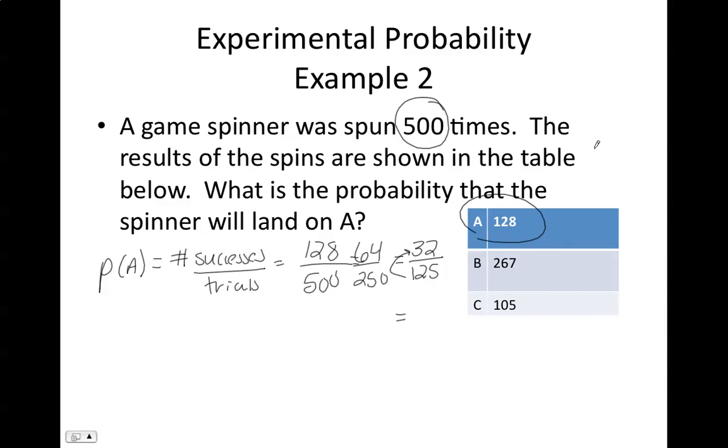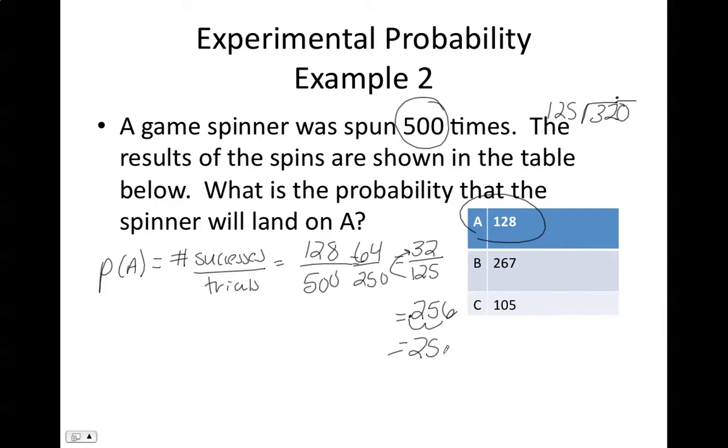So I'll do it over here, put 32 in the house and 125 on the outside, add a decimal point and a 0, and then divide out, and what you would find is 0.256.